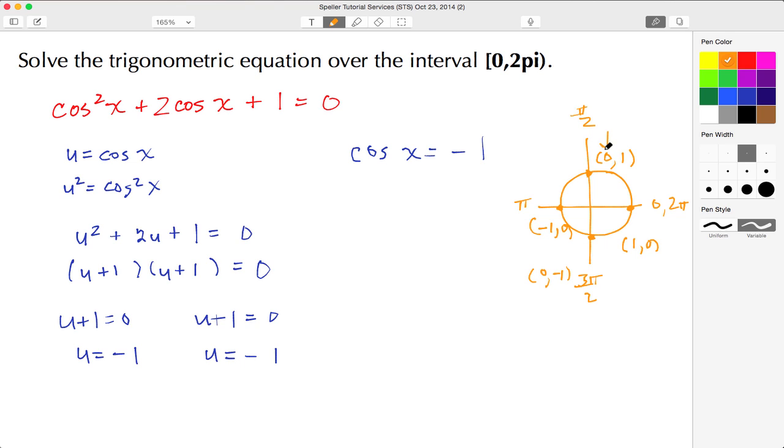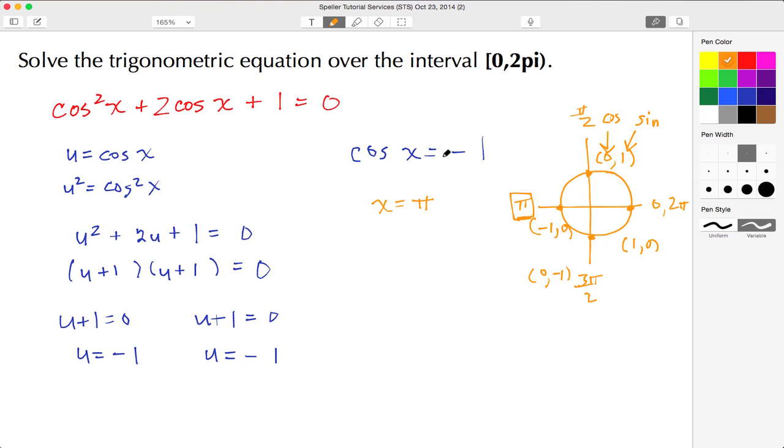If you remember, the x values correspond to cosine and the y values correspond to sine. So in this example, we're trying to figure out where the cosine value is -1. Well, we see the cosine value is -1 at a value of pi radians. So here we see that x is in fact pi.